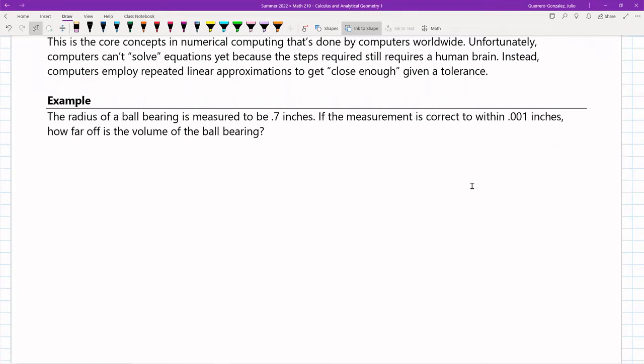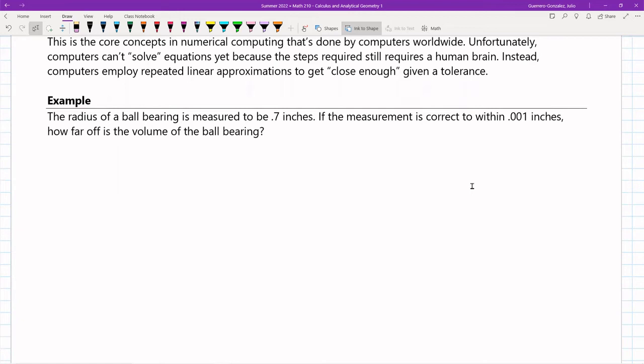So the concepts that we just worked on, the linear approximations, the differentials, turns out that is like the absolute basics of whatever any computer does worldwide, okay? A computer is pretty good at squaring, cubing, adding, subtracting, multiplying, dividing. It's really good at doing all of those things, right?